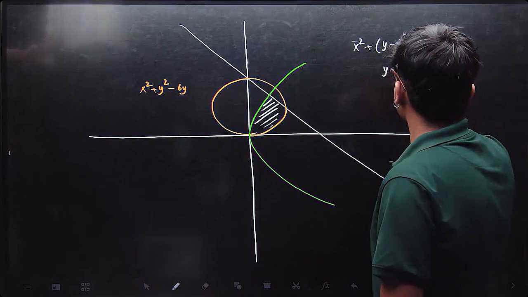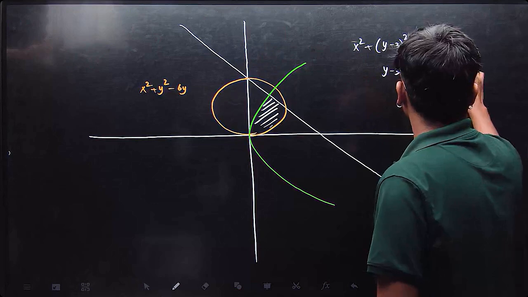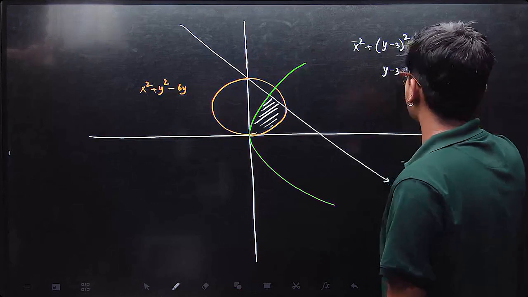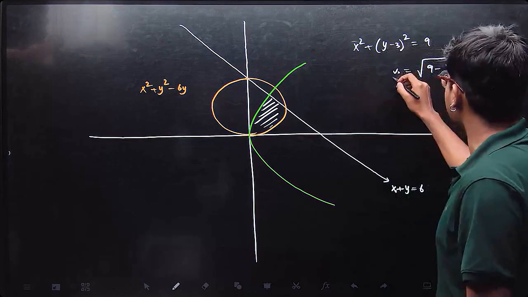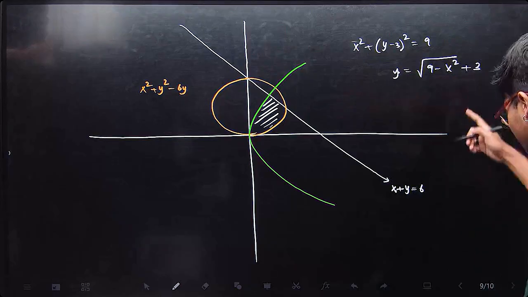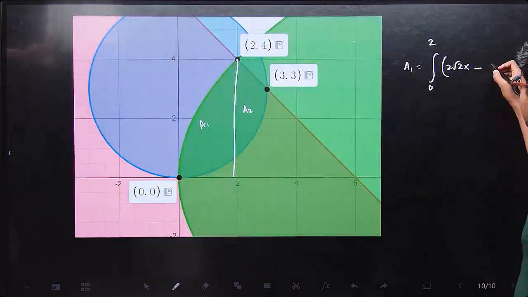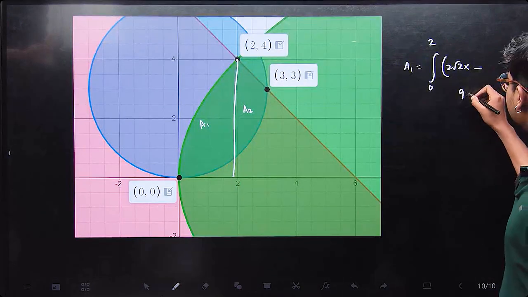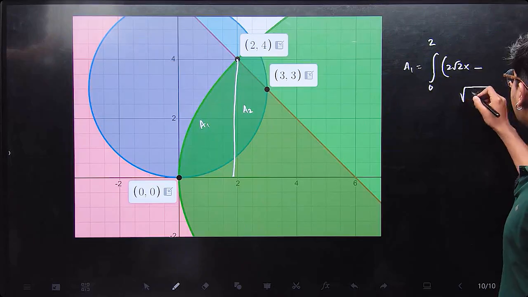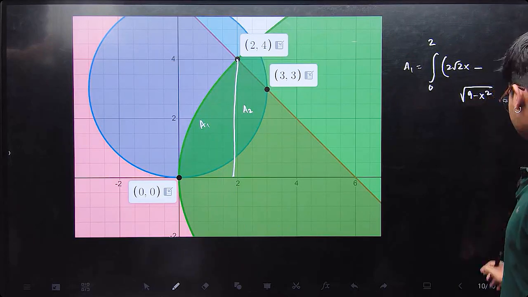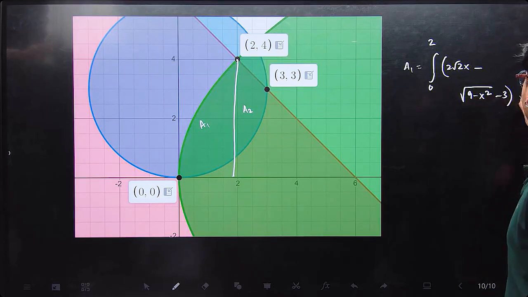So y minus 3 is the square root of 9 minus x squared. I take the positive square root because we're in the first quadrant. So y is nothing but this plus 3, right? So this is your second function, okay? So minus, it is a plus 3, so that'll become a minus 3 dx, okay? So this is the first area, right?